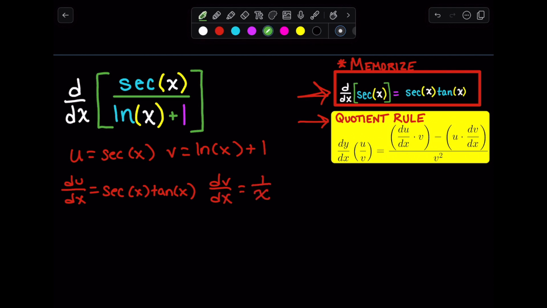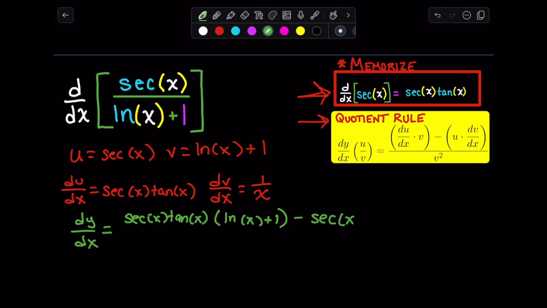Now simply applying the quotient rule, dy dx equals du dx, secant x tan x, times v, ln x plus 1, minus u, which is secant x, times dv dx, which is 1 over x. All of this over v squared, which is ln x plus 1 squared.